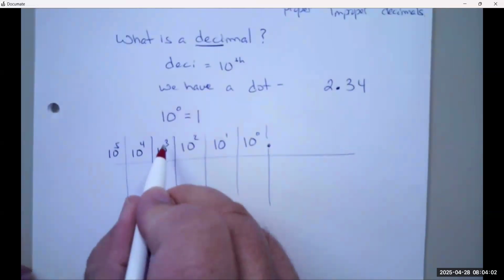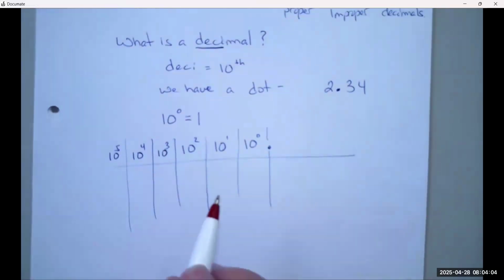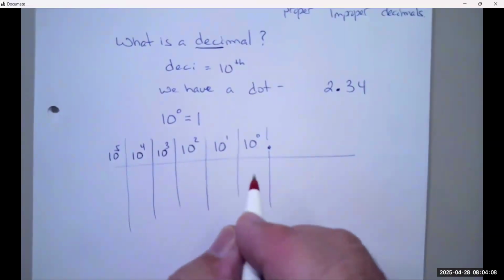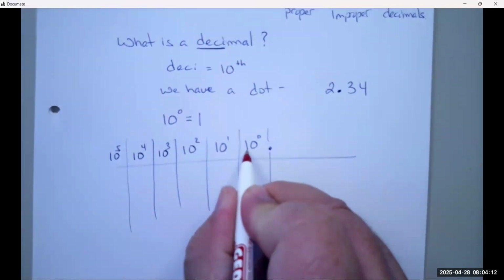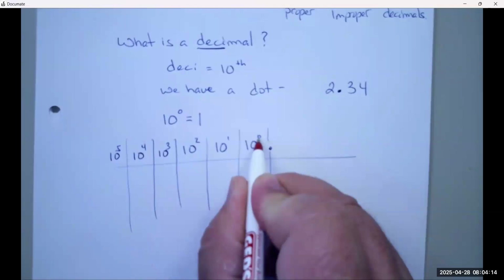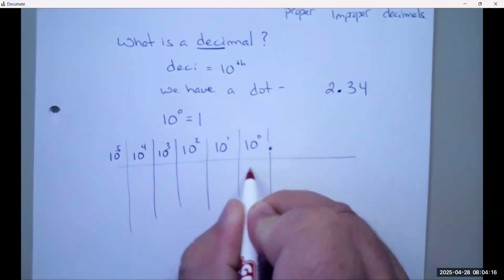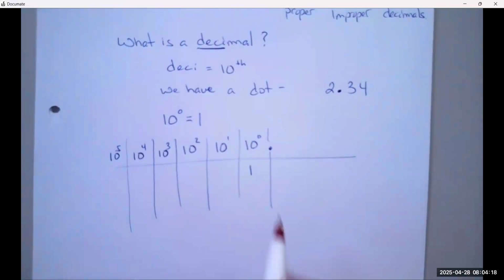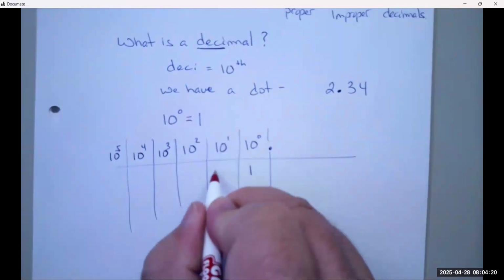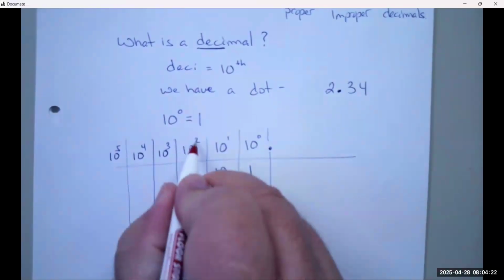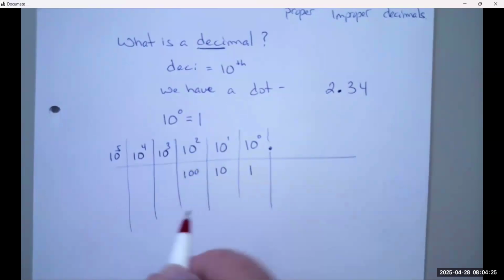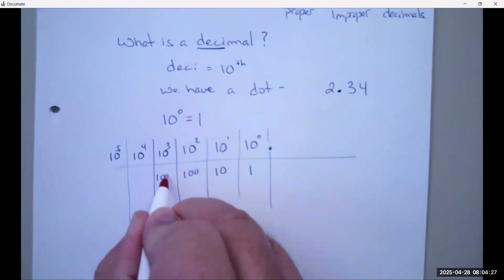Remember, these exponents represent the number of zeros after a number. If I had 10 to the power 0, how many zeros are after the 1? None. If it's 10 to the first, there's 1 zero. If it's 10 to the second, there are 2 zeros, and so on.